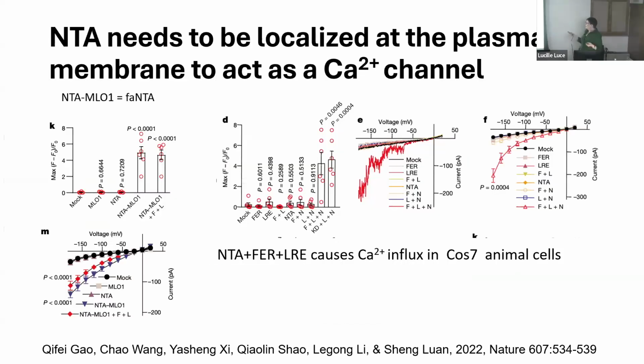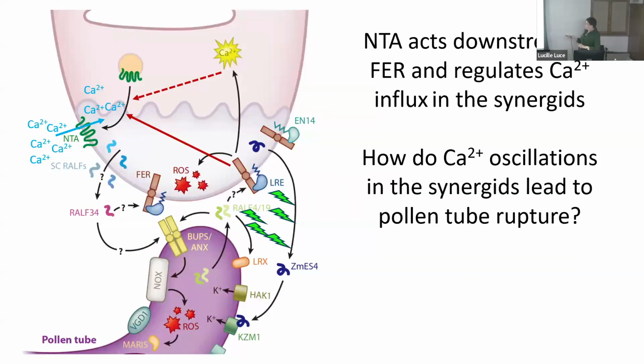And then they tested whether the plasma membrane localization of Nordia or FA Nordia would lead to calcium intake into the cells, and indeed it did. So the conclusion was MLOs may be calcium channels, they need to be at the plasma membrane to do their job. Okay, so now we know Nordia acts downstream of Feronia.